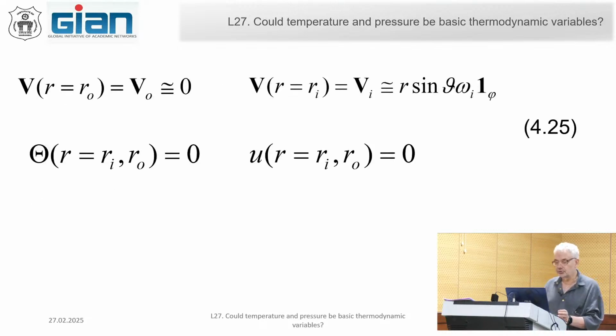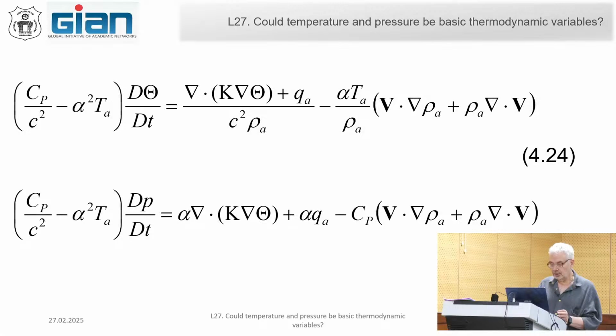So this is just to show, and of course we can also take into consideration the boundary condition here. But the main thing of all this is that if we want to use the pressure and temperature as the basic thermodynamic variables, we end up, instead of the second order partial differential equation for the energy, which is in fact the entropy equation, having to solve an extra equation.